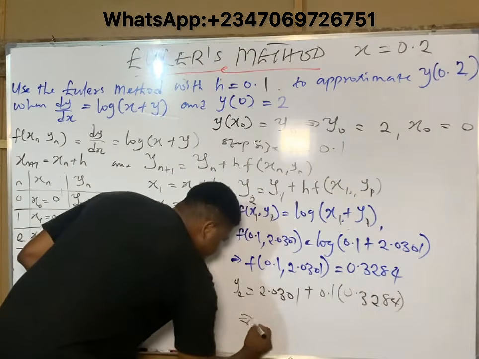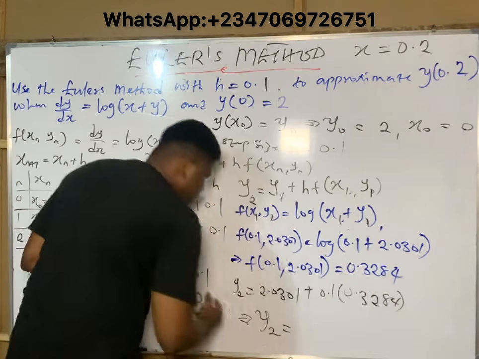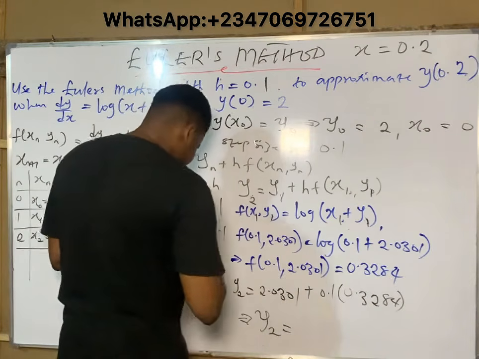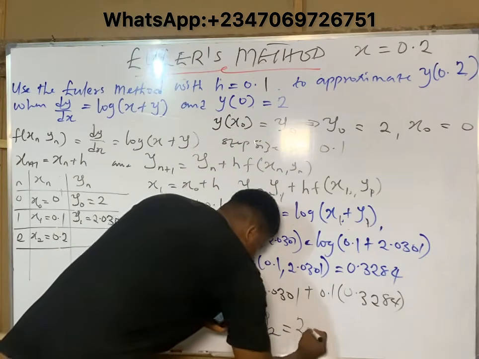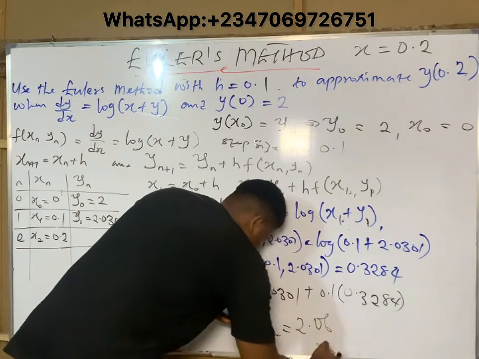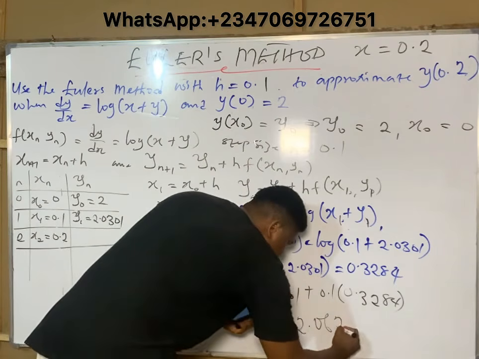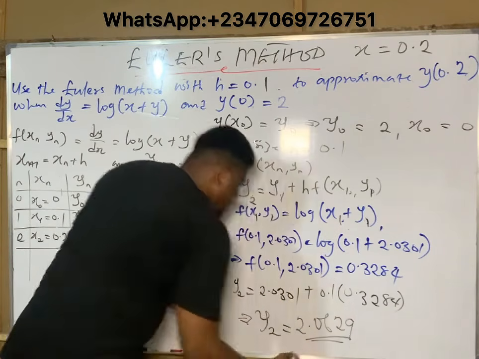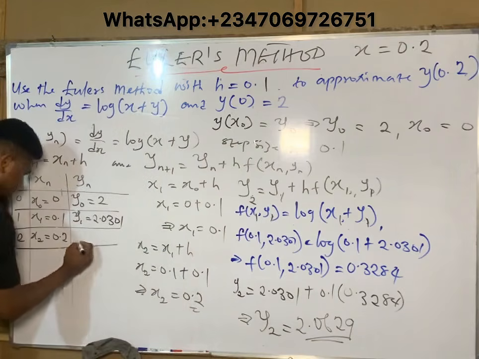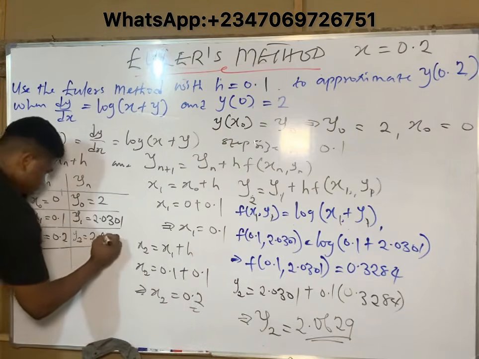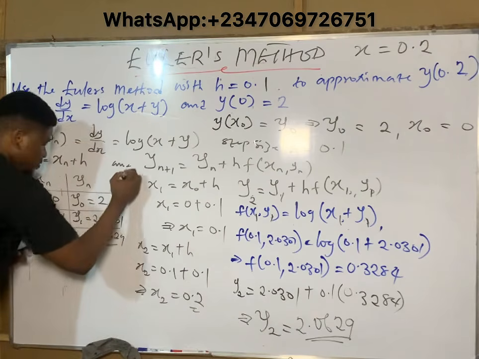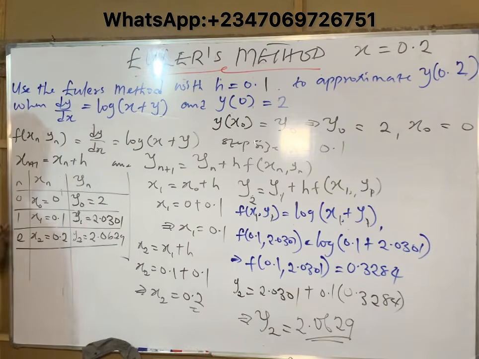So this simply implies my y2 is equal to, so I will simply evaluate everything together, approximately 2.0629. So this becomes my final answer. y2 equals 2.0629. So that becomes the value of the function y when x is 0.2.